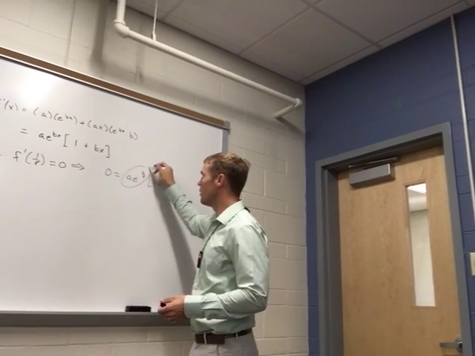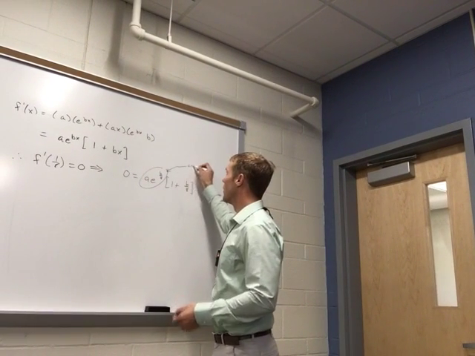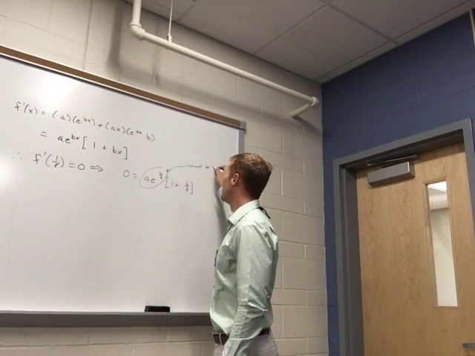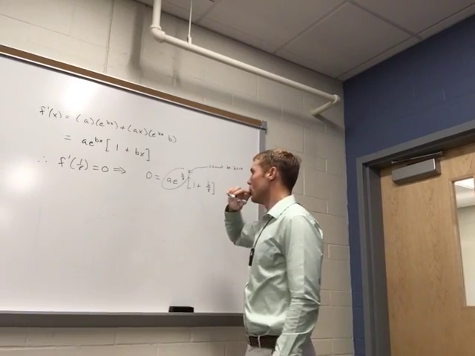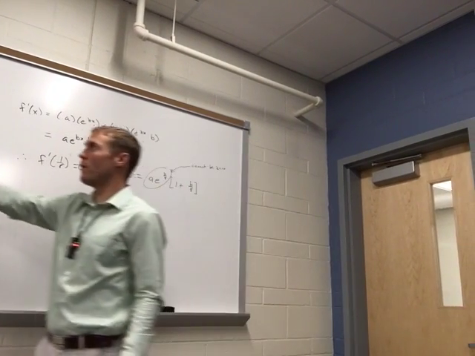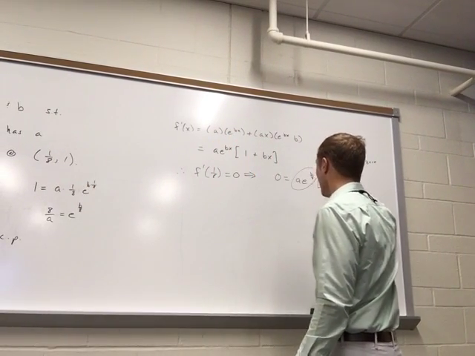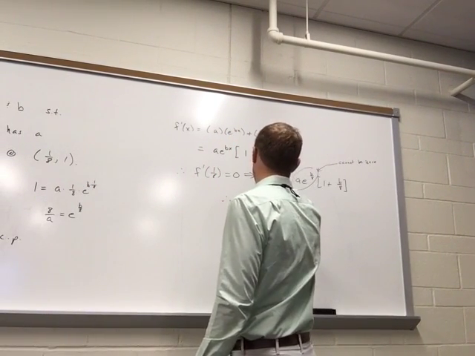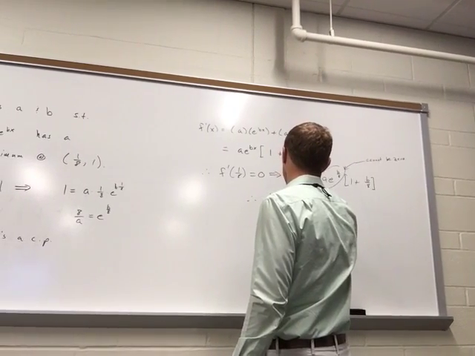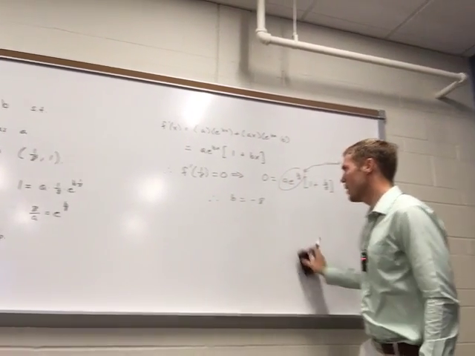This term here cannot be 0. Assuming if a was 0, then this function is the constant 0 function, and we can't do that. So this needs to be 0, and therefore b should equal -8, a few steps of algebra there.